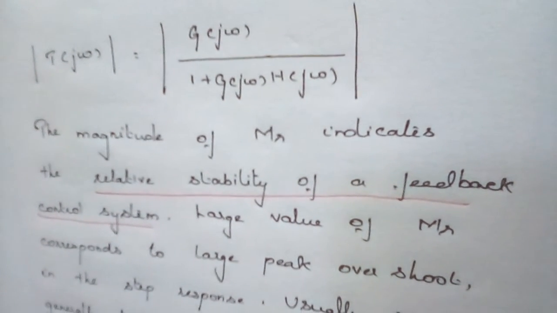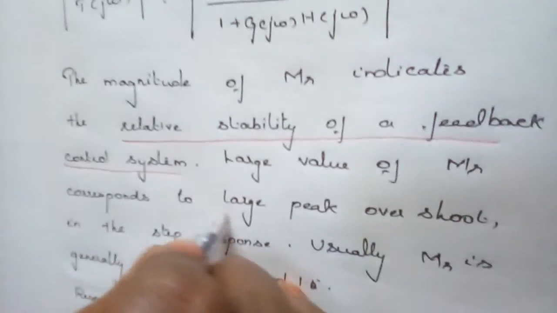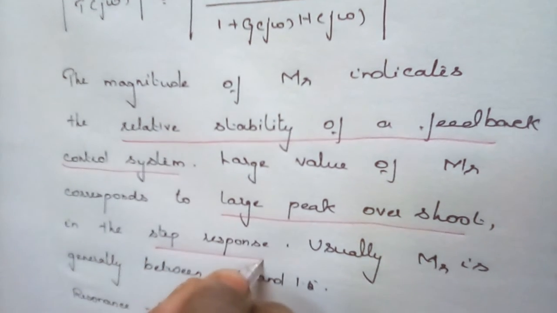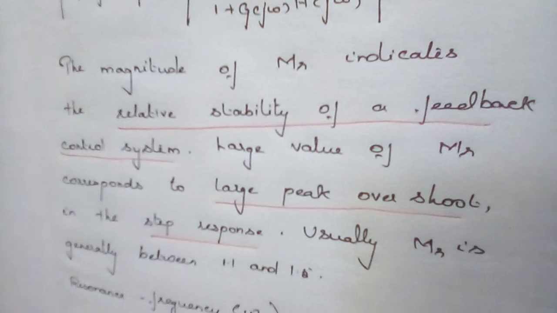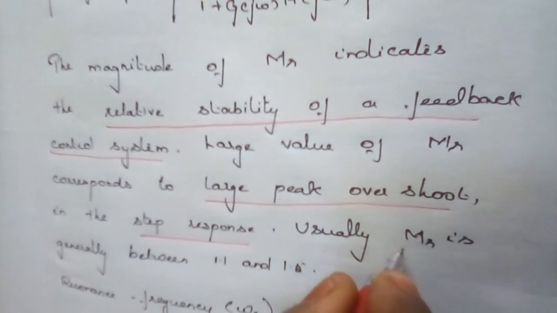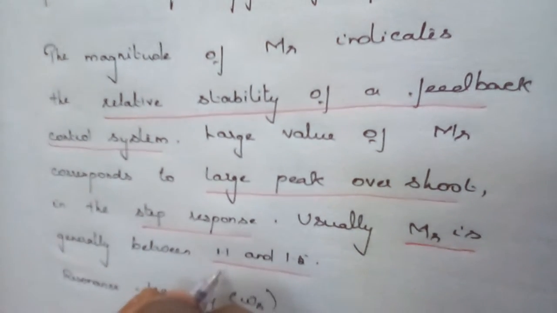A larger value of MR corresponds to a large peak overshoot in the step response, and usually the MR value must be between 1.1 and 1.5.